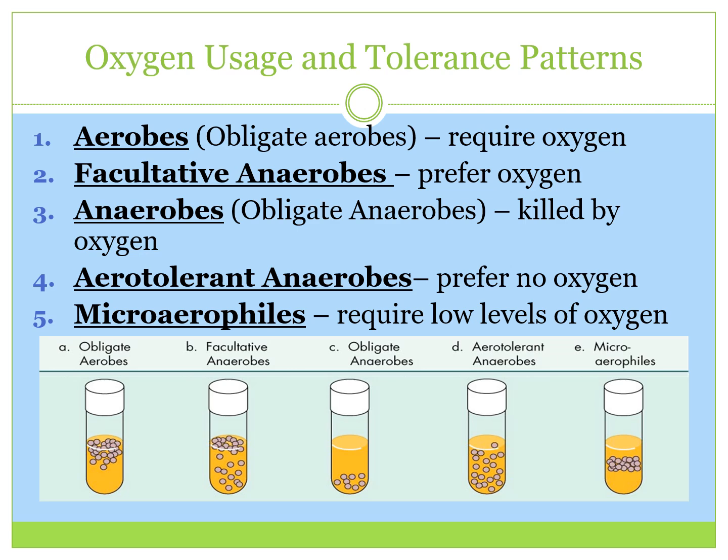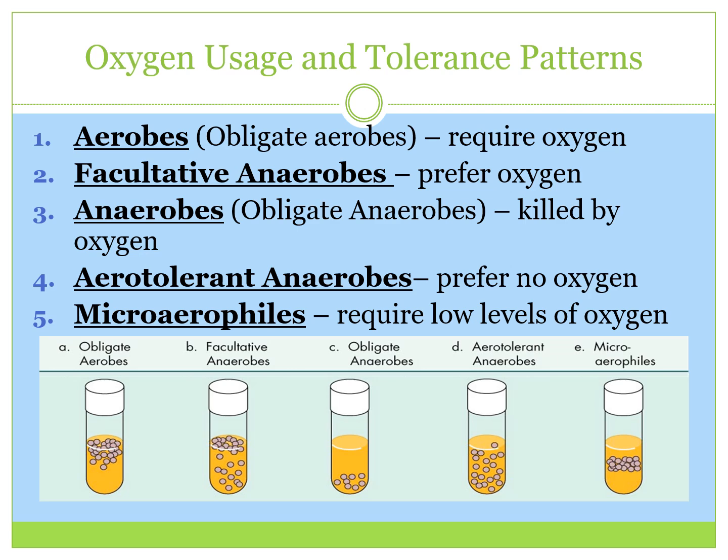These guys are kind of the opposite of facultative anaerobes. Aerotolerant anaerobes prefer no oxygen, but if oxygen is present, they'll still be fine. And then we have microaerophiles. They require low levels of oxygen.